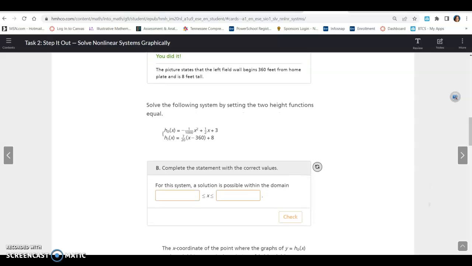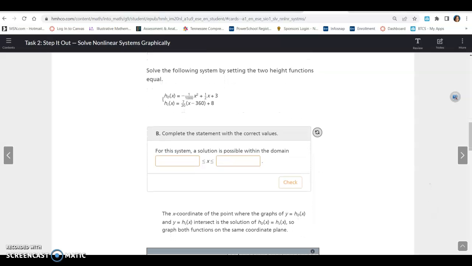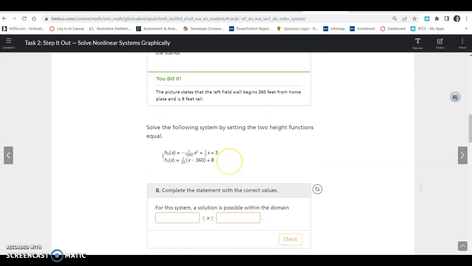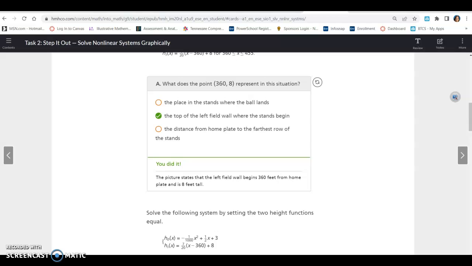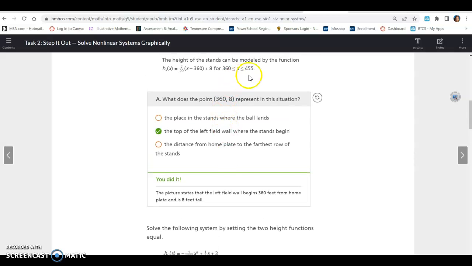It says solve the following system by setting the two height functions equal. If we set the two height functions equal, then you could graph those and find the intersection point and determine what the solution is. It says complete the statement with the correct values. For this system, a solution is possible within the domain of what and what. So again, your x's have to be between the start of the wall and the highest place of where the stands go.